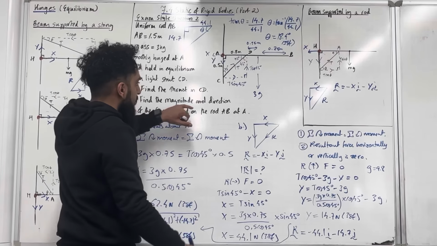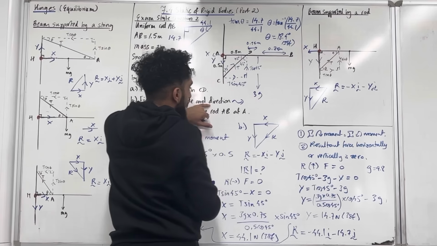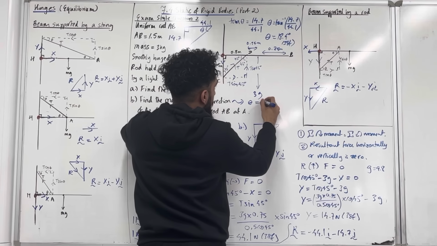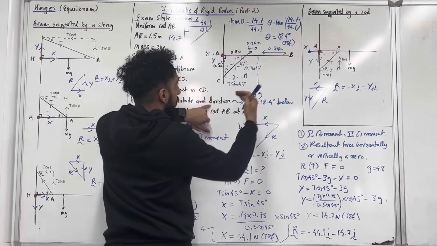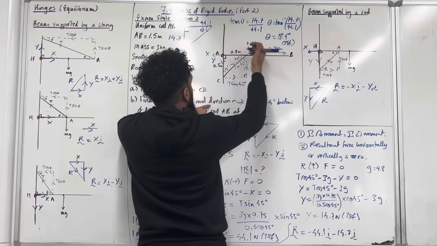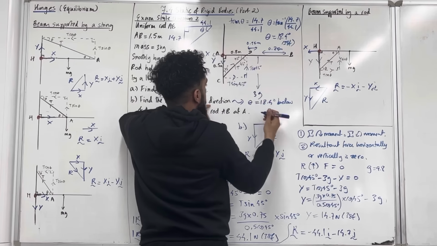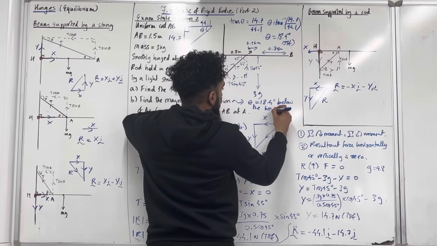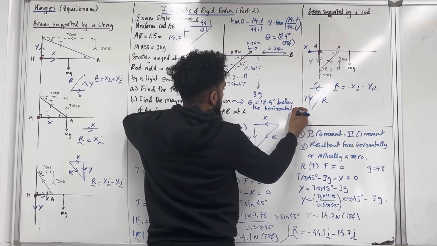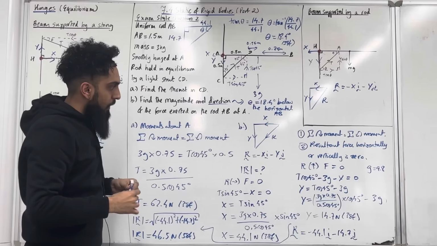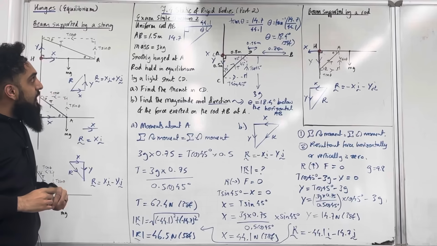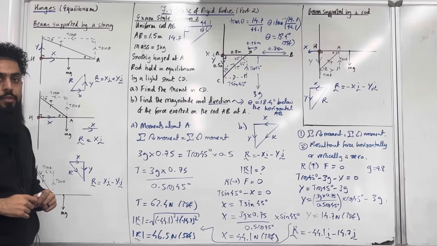So for the direction, we have theta equal to 18.4 degrees below, I repeat, below the horizontal AB. That is your direction. So that is the end of exam style question 2.